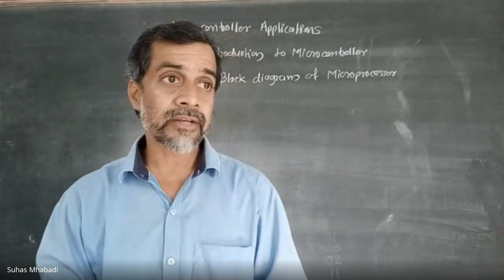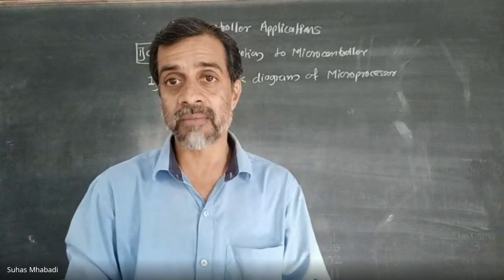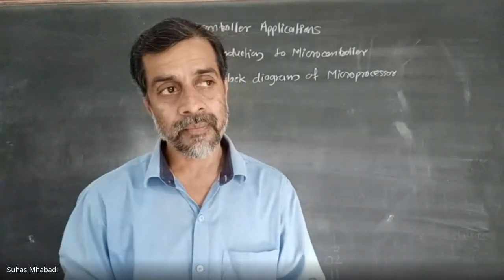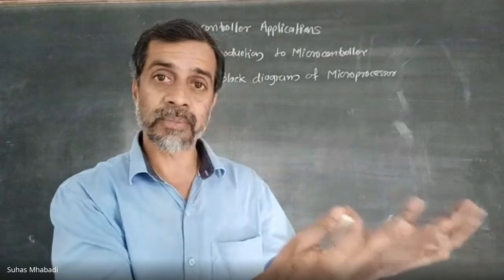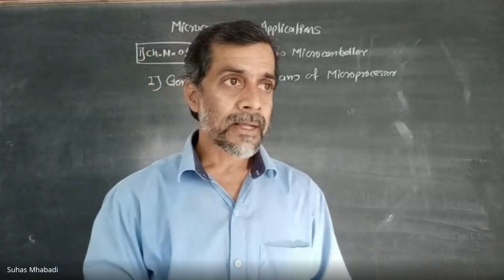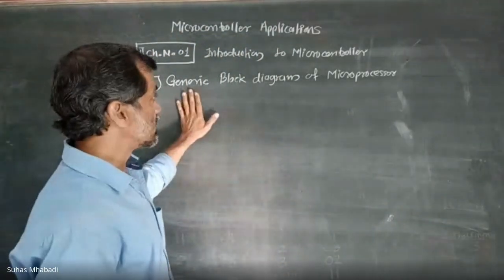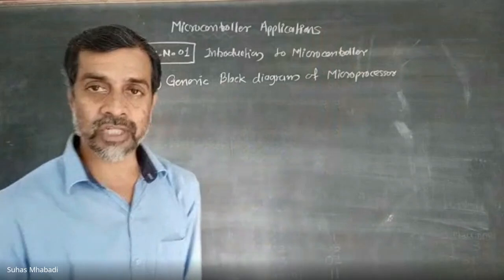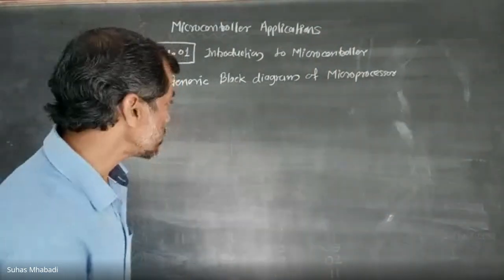It has to communicate with the memory to accept the instructions: addition, subtraction, multiplication, division and so on. It has to communicate with the output device like a monitor or printer to display the content. So, based on that discussion, I will be drawing a diagram which is known as the generic block diagram of microprocessor. And then eventually we will convert that to microcontroller.